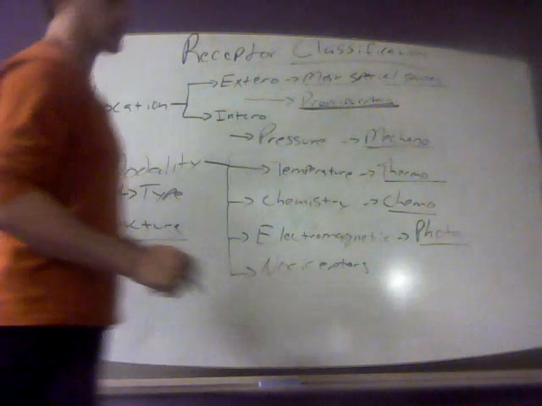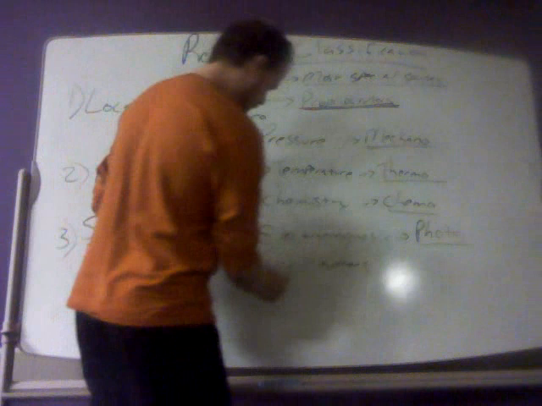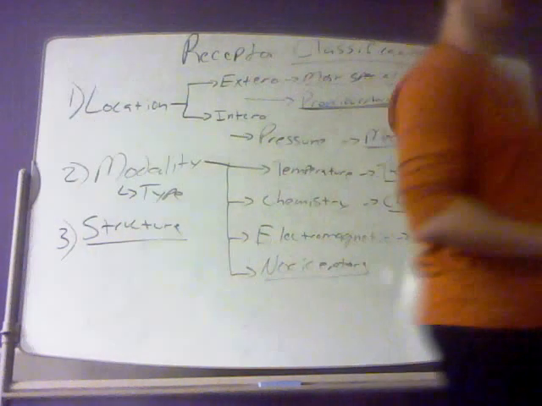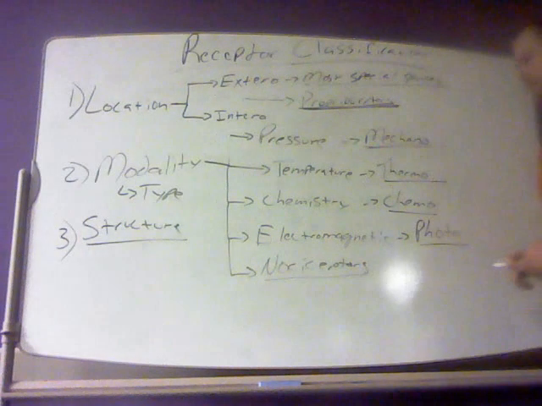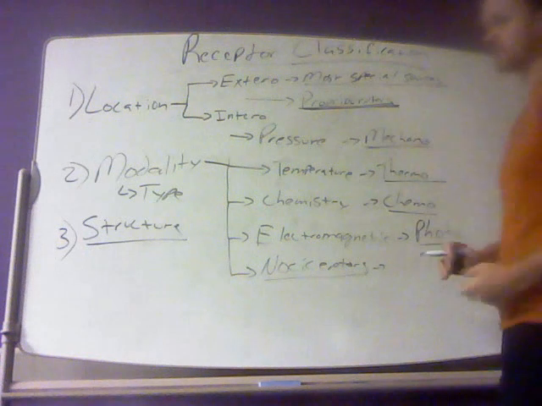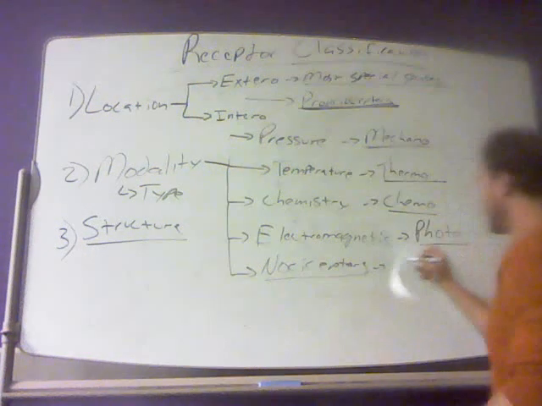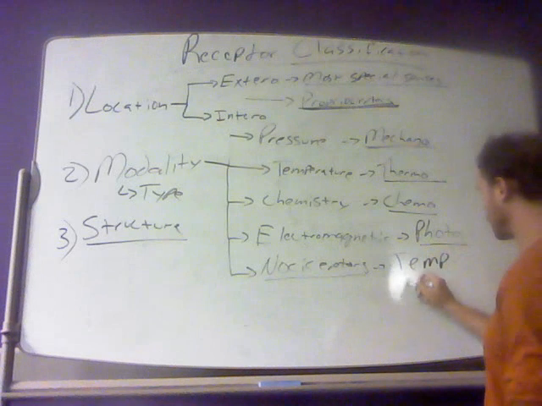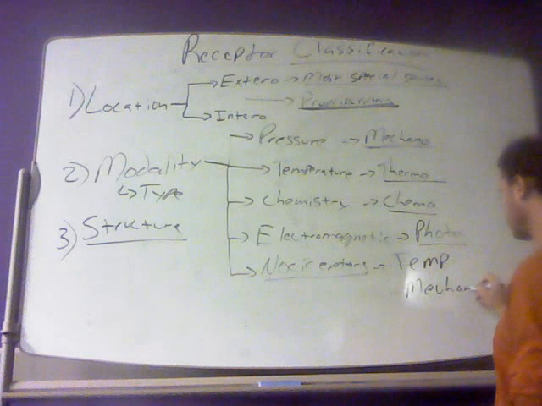All right, and then there's another kind of sensory receptor that you find in the body called a nociceptor. Nociceptors are often called pain receptors. They are sensitive basically to two extreme types of stimuli: extreme temperatures and extreme mechanical stimuli.